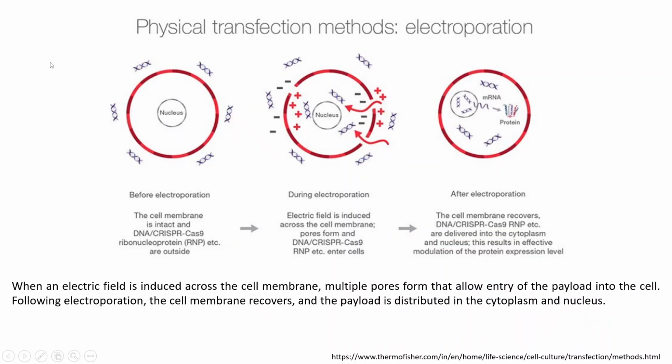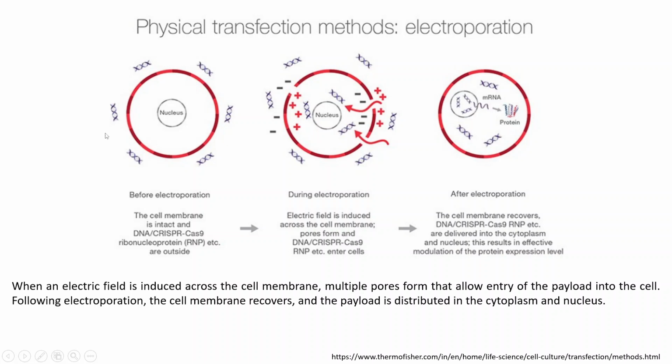There are some physical transfection methods also. One example is electroporation here. This is essentially you use an electric field across the cell, and that creates some transient pores. So here you have a cell membrane that's intact, and we want to insert some DNA, CRISPR-Cas9 protein, or the protein-DNA complex into the cell from outside.